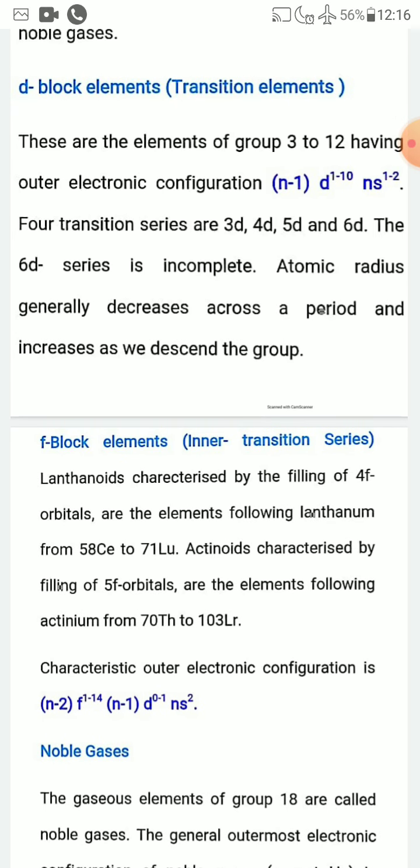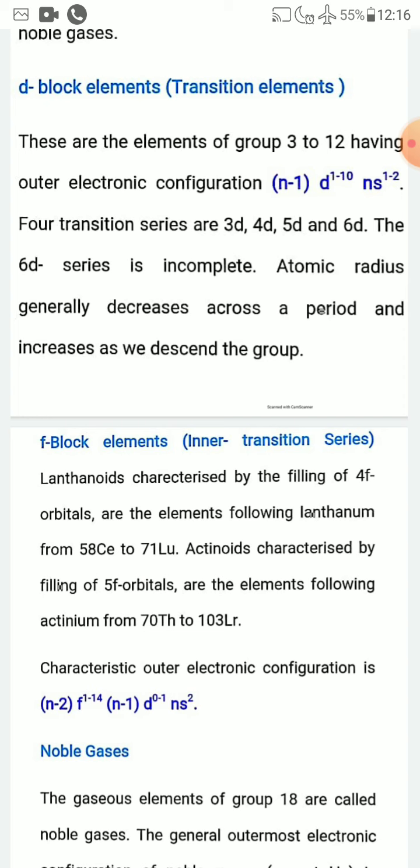Now D block elements. D block elements are also known as transition elements. These are elements of group 3 to 12. One thing you have to remember is that group 12 is D block, but the elements of group 12 are not transition elements.